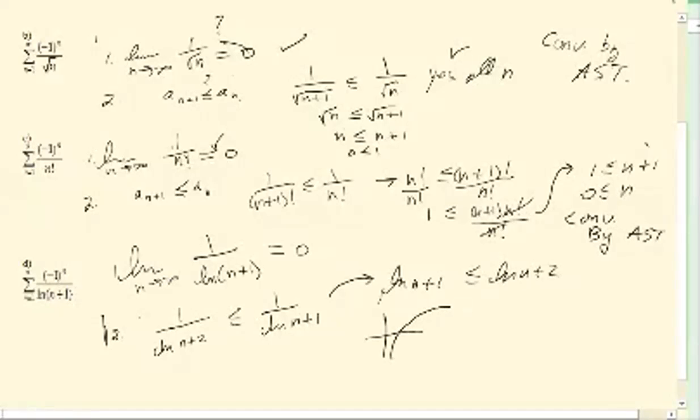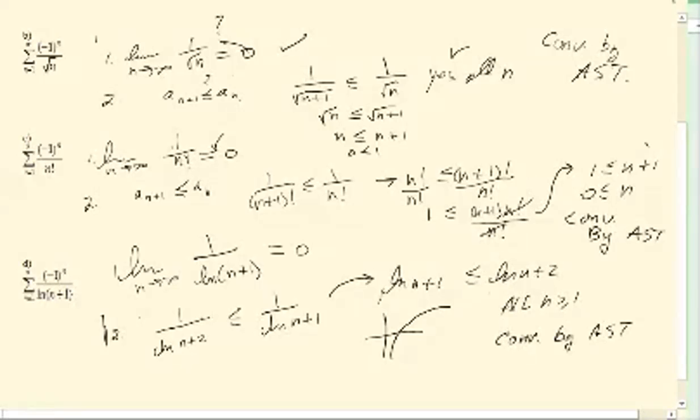As long as natural log itself is an increasing function, then this statement would have to be true for all n. In all n greater than or equal to 1 for sure. So we've got true, both conditions met. It's convergent by the AST.